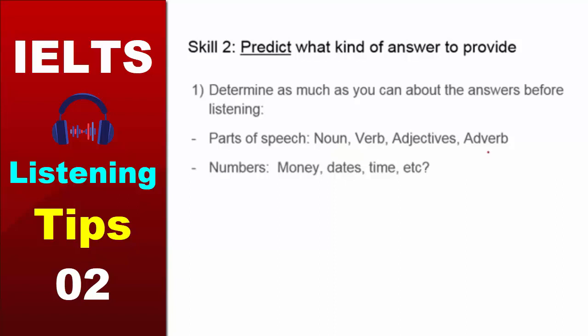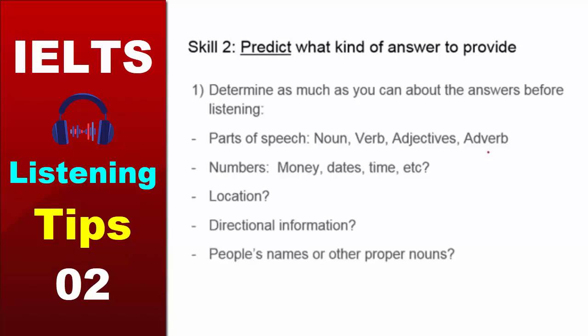You may be asked very clearly to listen for numbers, for money, dates, time, etc. That's going to help you. It's going to make you listen in a much more focused way as you go through the passage if you know ahead of time that you will have to find numbers of some kind. Are they going to describe a location? Are they giving directions?